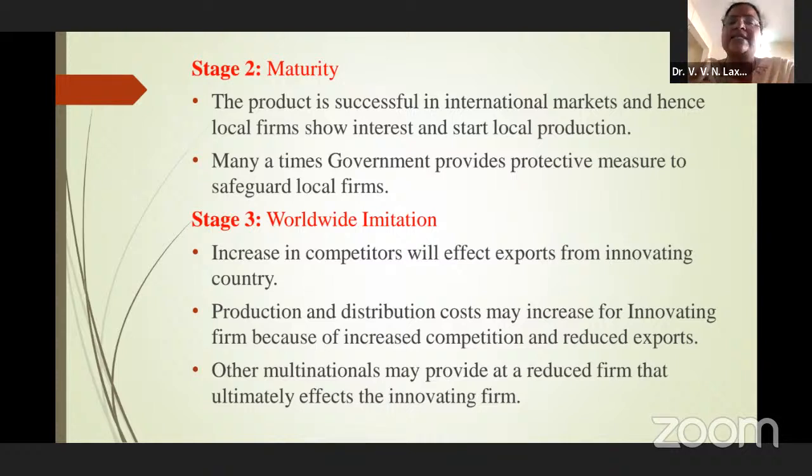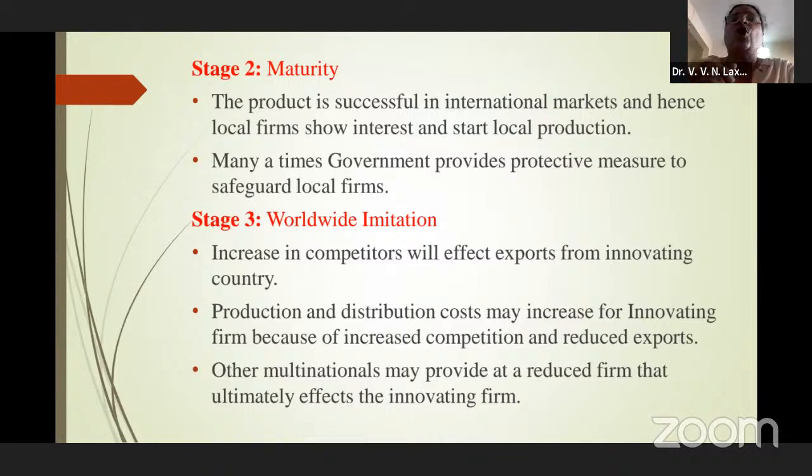That characterizes the second stage, that is in reality the third level, stage 2, maturity. This poses challenges to the pioneering company, that is, the company which has innovated the product.